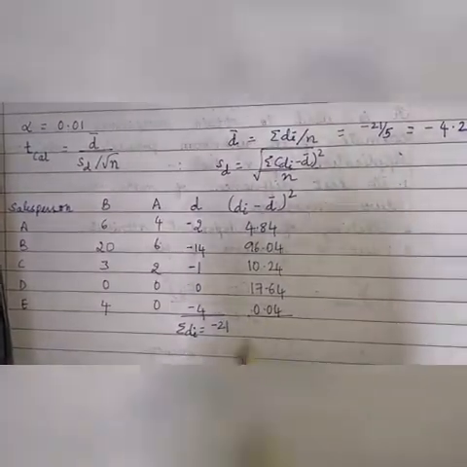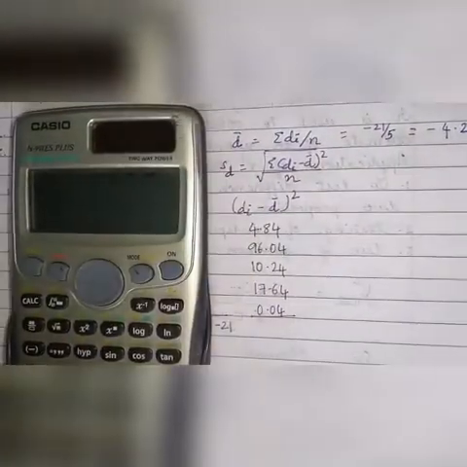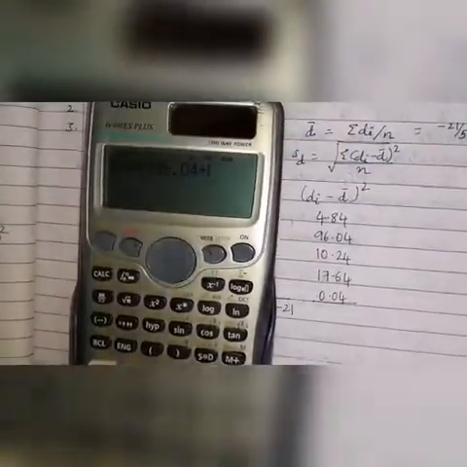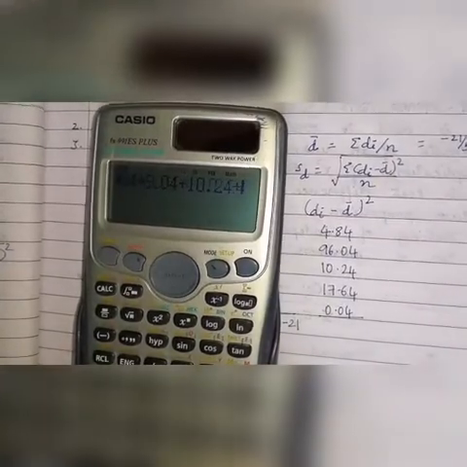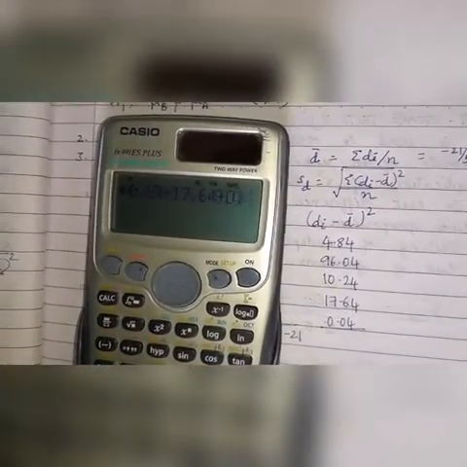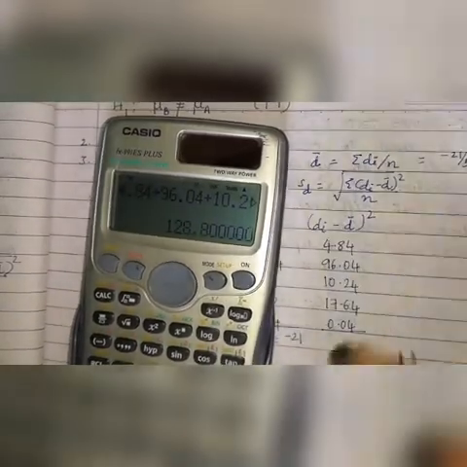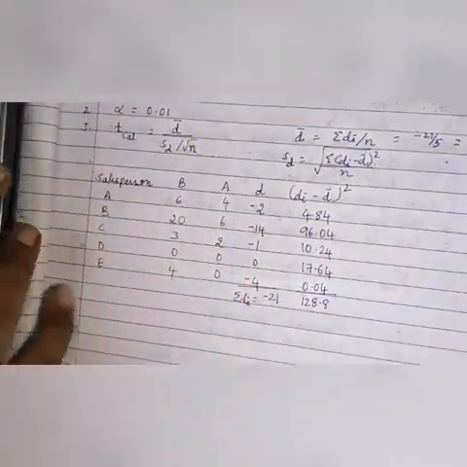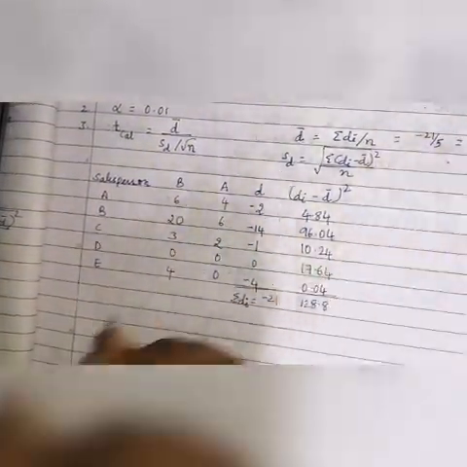Now we summate all these values: we get 4.84 plus 96.04 plus 10.24 plus 17.64 plus 0.04, which is equal to 128.8. Okay, now substitute the values in the standard deviation formula.